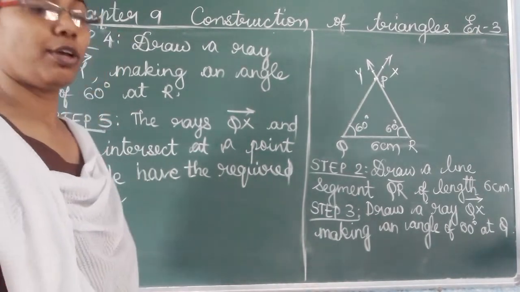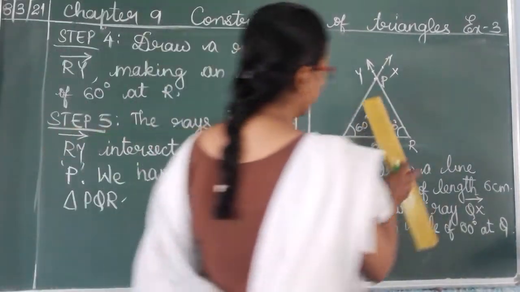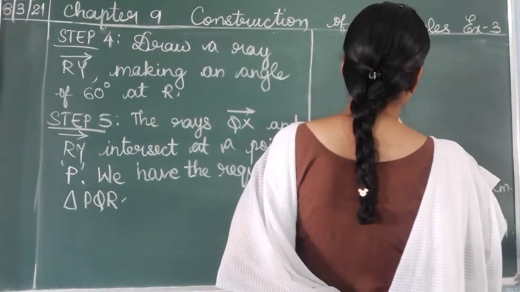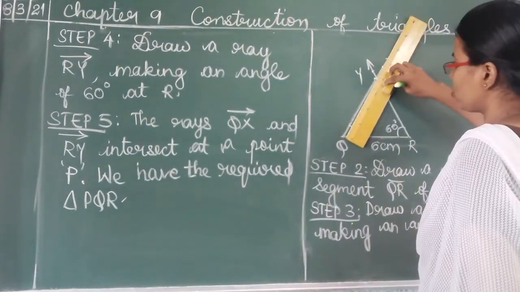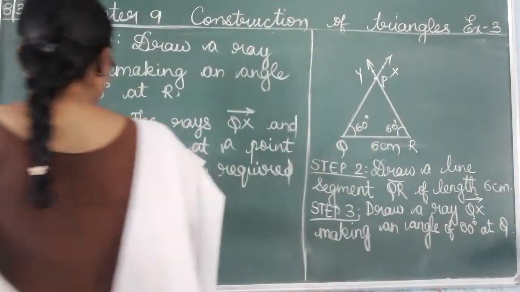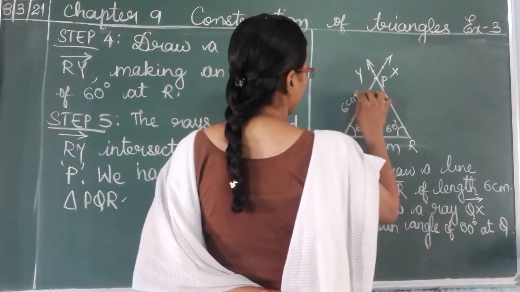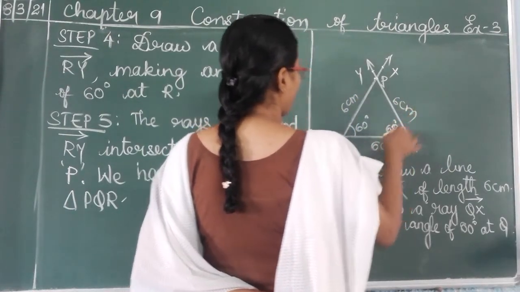Did we complete the construction, children? No, very good. Because they asked us to measure the sides and then write which type of triangle this is. Here you can see that these two sides are of equal length. That is 6 centimeters this side and 6 centimeters the other side also.